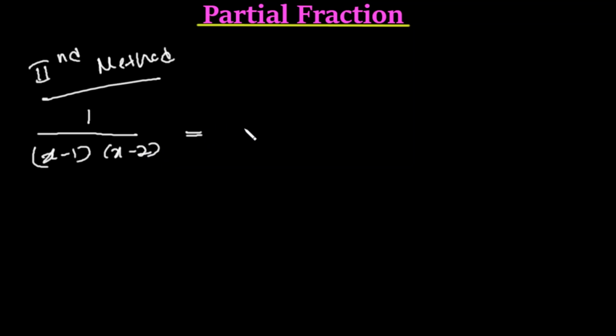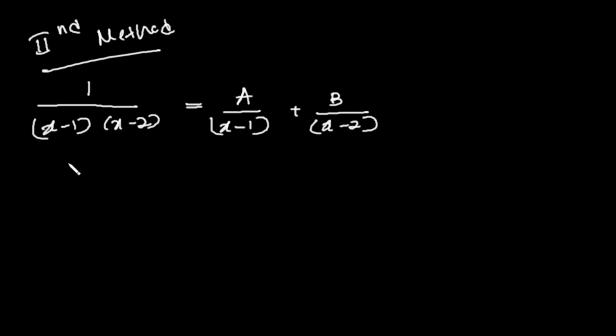I can divide this fraction into minus a divided by x minus 1 plus b over x minus 2. Okay, now we need to do the same thing here. We can get the common denominator.